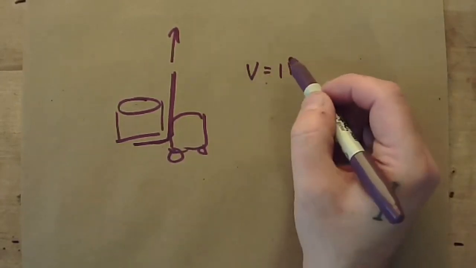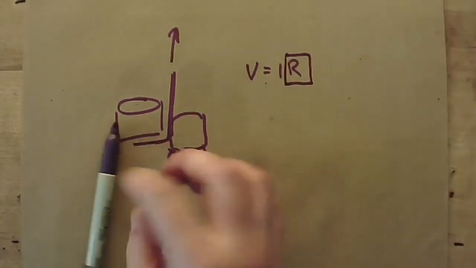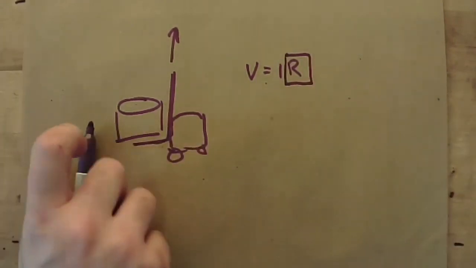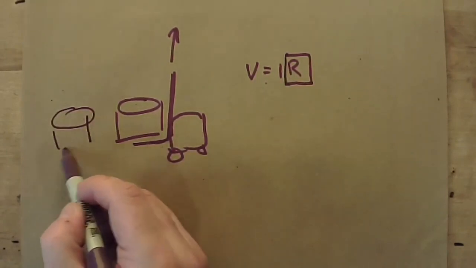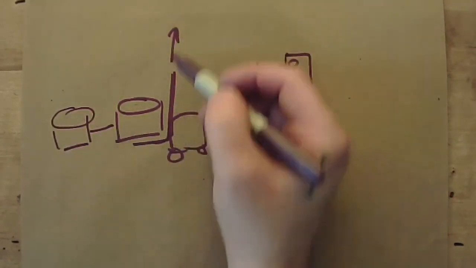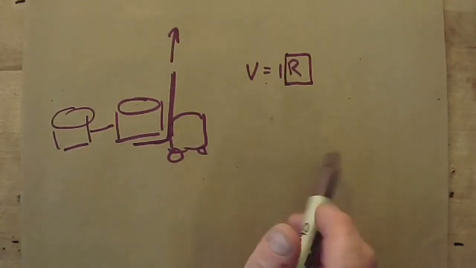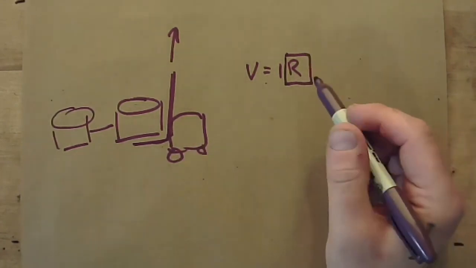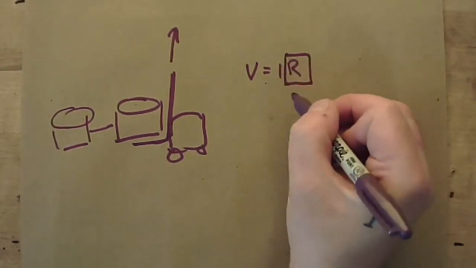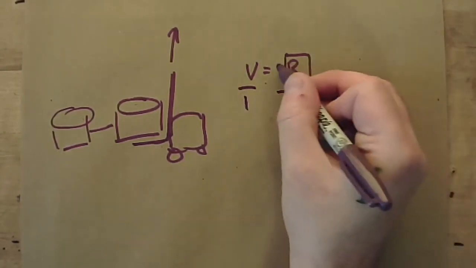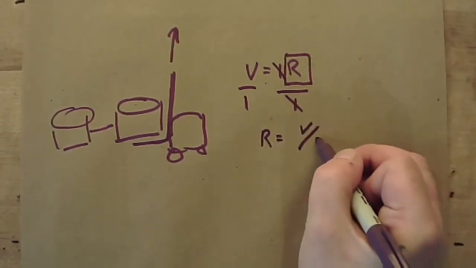Then resistance is going to be preserved, if our hose stays the same size and we increase or decrease our voltage differential. We have our two tubs connected by a hose, and this can move up and down. Now we can solve for R. We'll divide both sides by I, and that'll cancel out. R equals V divided by I.